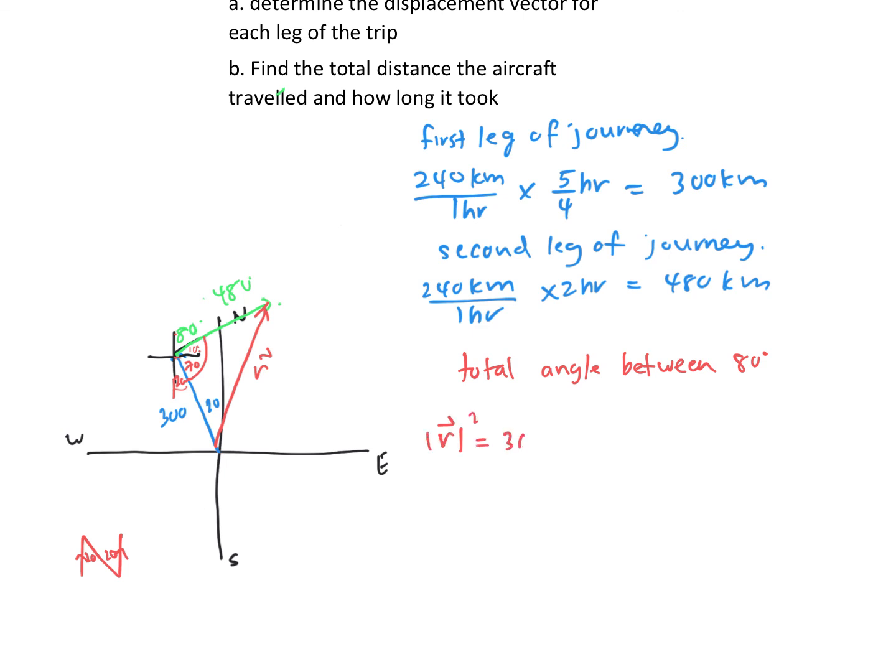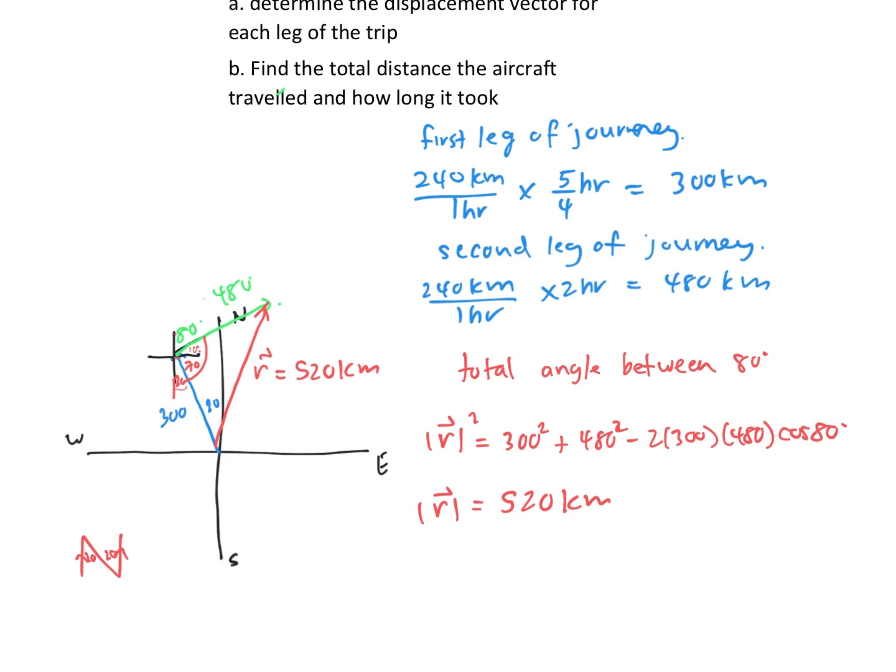I've got one side is 300. I've got the second side is 480. 2 times 300 times 480. And I know the angle in between them is 80 degrees. Okay, so if I do all that calculation, my magnitude works out to be 520 kilometers. So that resultant is 520.